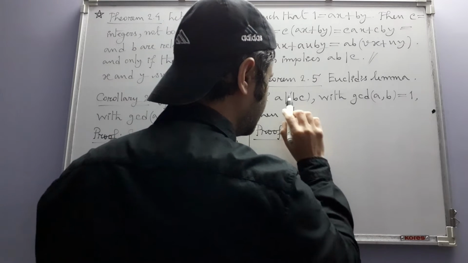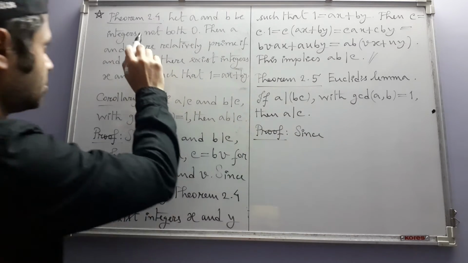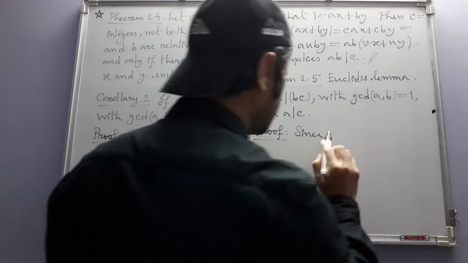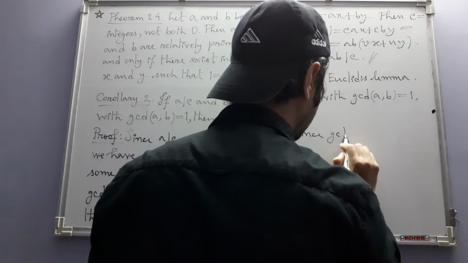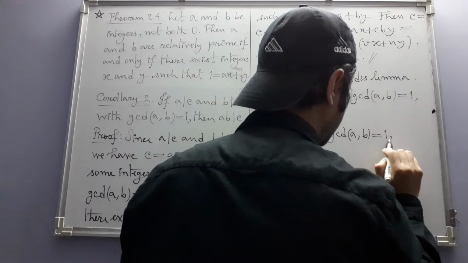Again, since it's given that GCD of a and b is 1, we can use theorem 2.4.